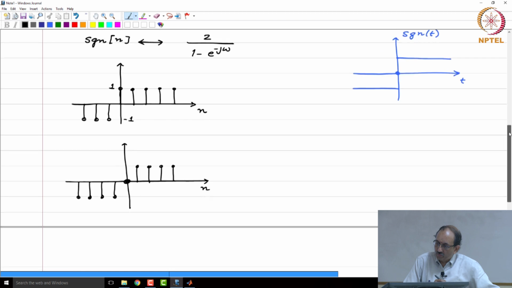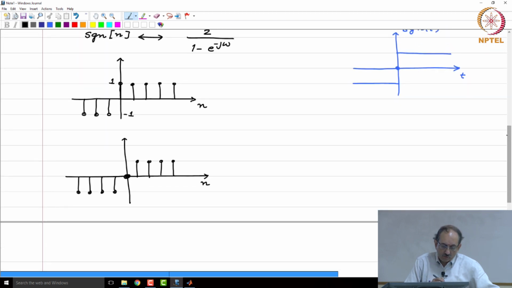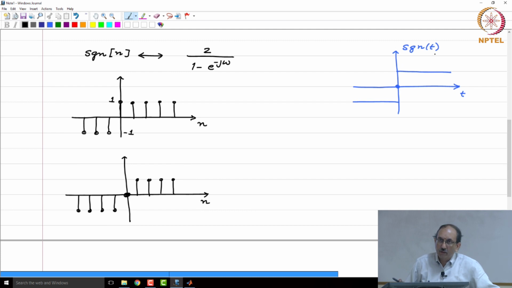So now we are going to do exactly what was done when you derived the continuous time Fourier transform of SGN of t. What did you do here? In SGN of t, what did you do? No, it could not have been u of t plus u of t. No. What was it?